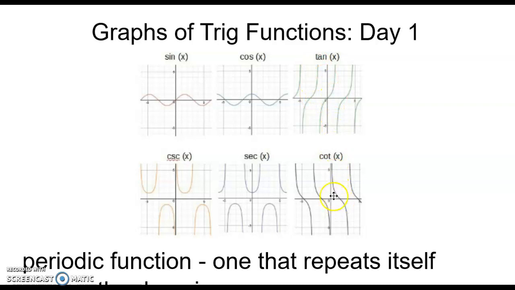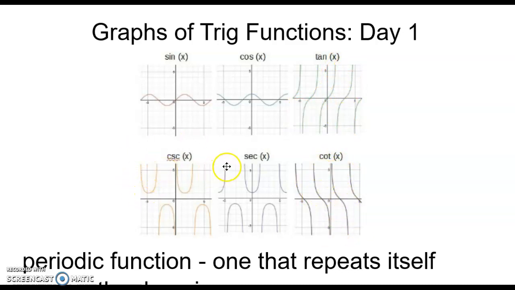Tangent and cotangent are these squiggly lines that look almost like cubic functions. And we can clearly see based on the different sections that it's this basic shape that repeats itself over and over again. Same thing with cotangent.